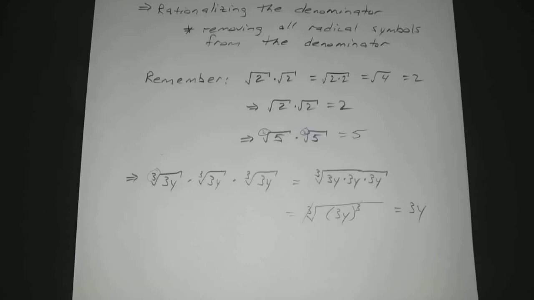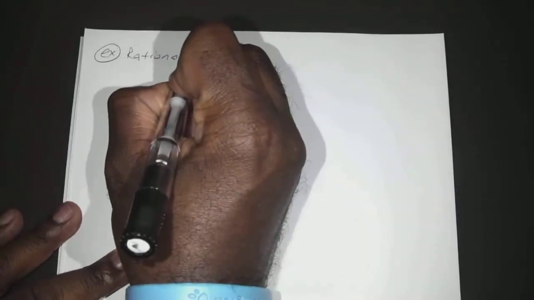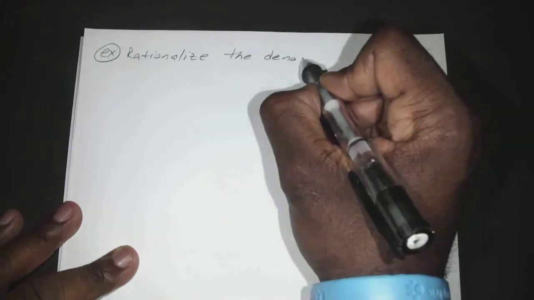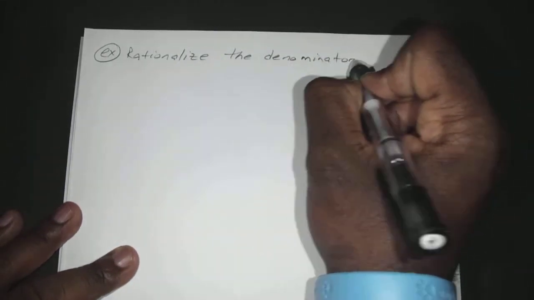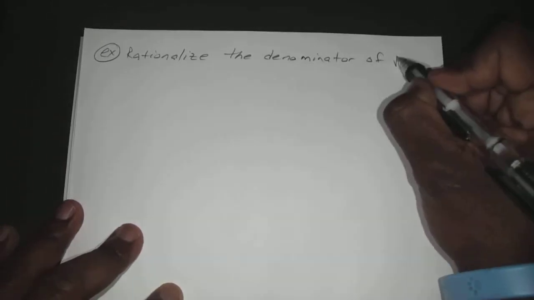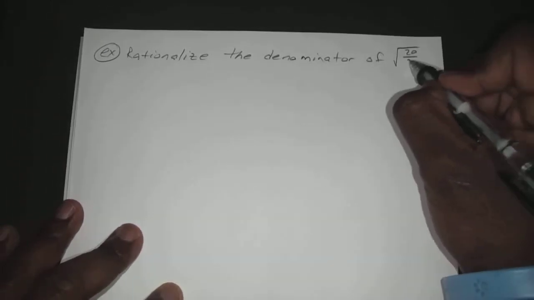All right, so let's say, for example, you want to rationalize the denominator of the square root of 20 over 7.